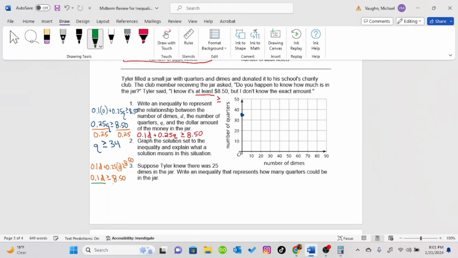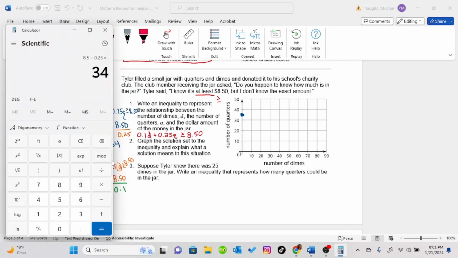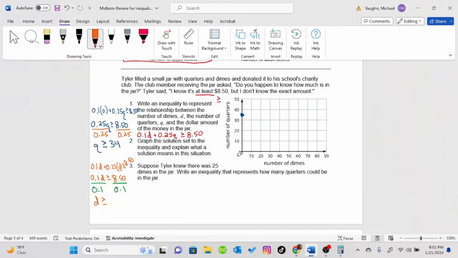We divide both sides by 0.1, and we find out that if there are no quarters, the number of dimes must be greater than or equal to 85. So we could put the x-intercept down here at 85.